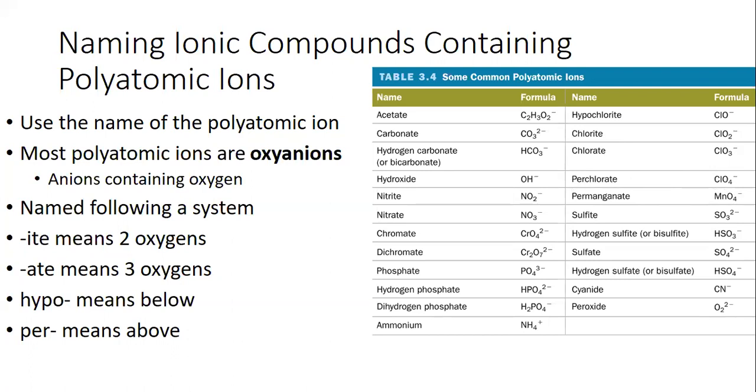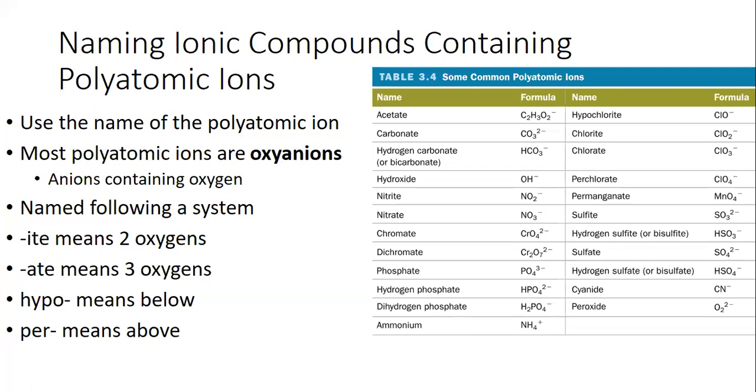A lot of these, like, how would you ever know ammonia's NH4 from this? So why is the first one not called acetate when there's only 2 oxygens? Yeah, because this doesn't have a good system.